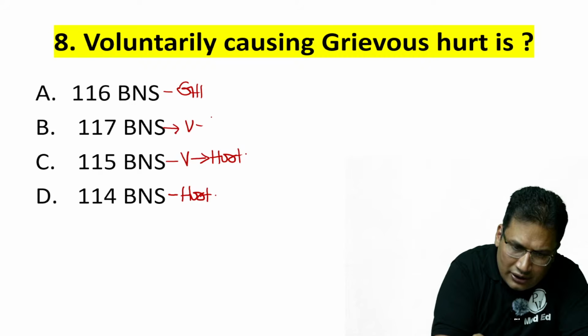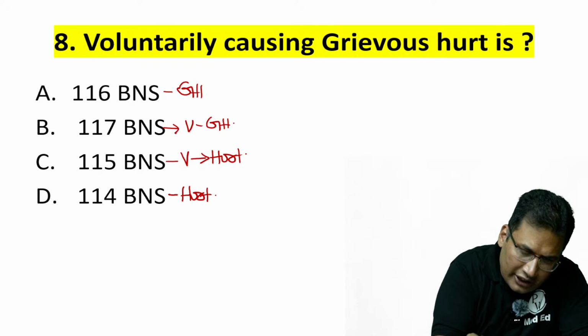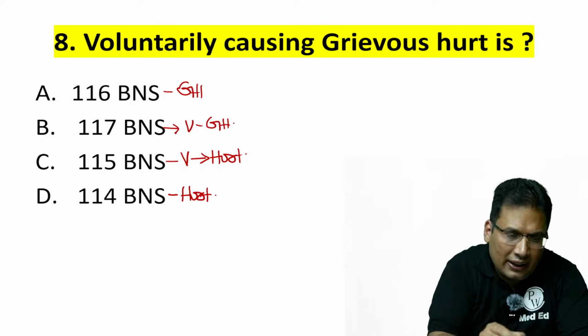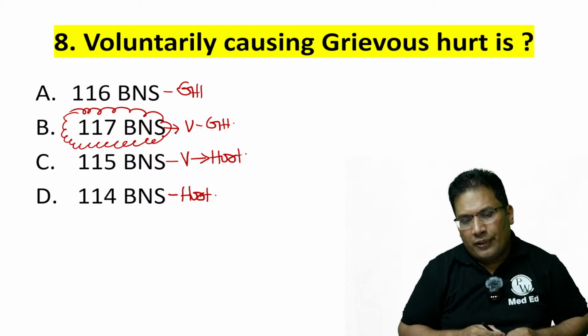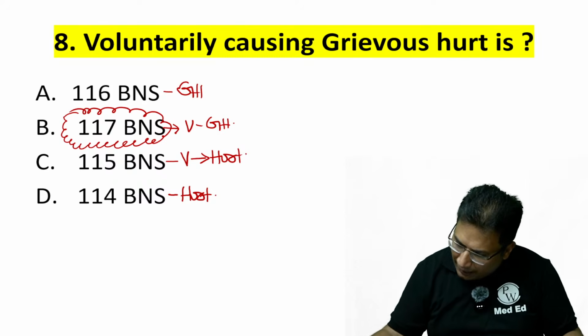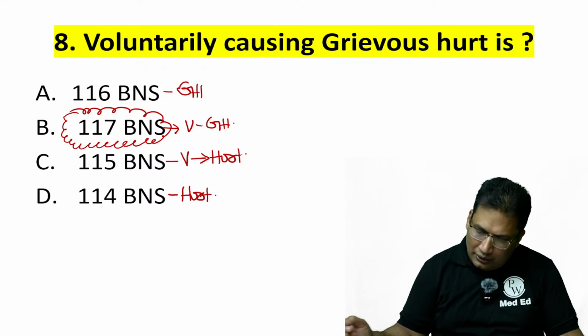Voluntarily causing grievous hurt, that is VGH. That is basically 117. So answer है 117. Okay, Manak Datta, very good. Good answer.